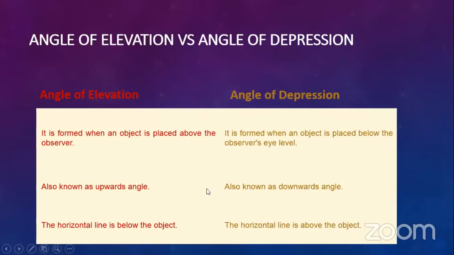Now the angle of elevation is when the horizontal line is below the object, and the angle of depression is when the horizontal line is above the object.